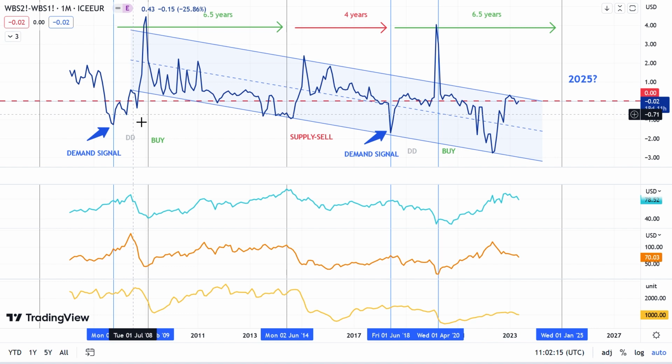And so that means that the spread goes negative, so it becomes more expensive to purchase it now relative to a month in advance. So on the top panel, what you can see is the red dashed line is the zero level on that spread. So when it goes below, that means that the month ahead is now cheaper than the current month. So that means there's high demand to purchase oil now.